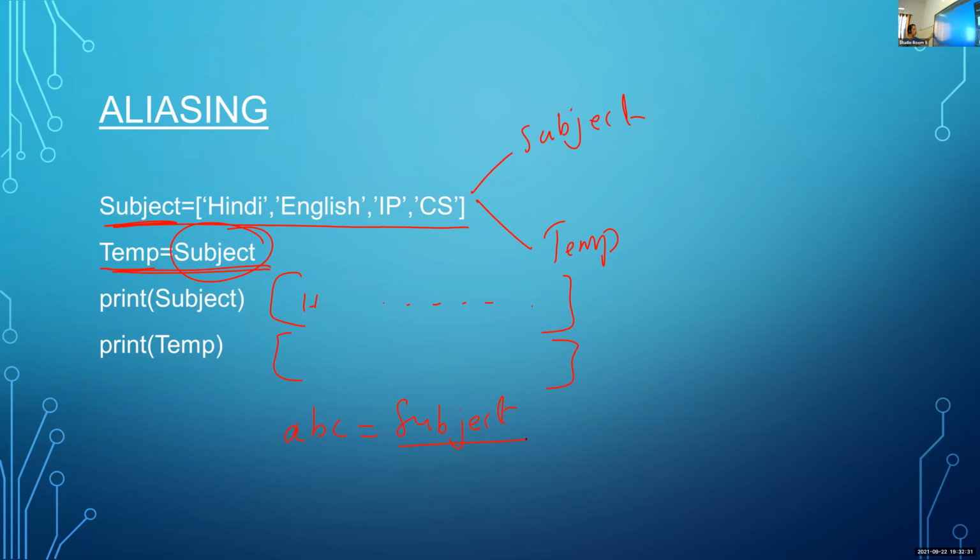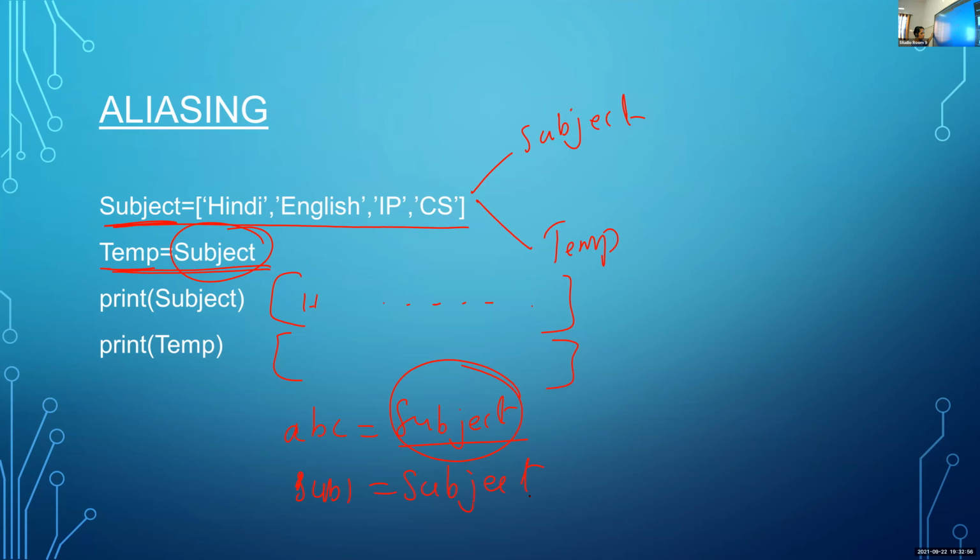So if I want to give one alternate name for an already existing list, first give the new name, that is the alternate name. If it is sub 1, sub 1 is the new name, right? Sub 1 is equal to the existing name. So subject is the existing name.